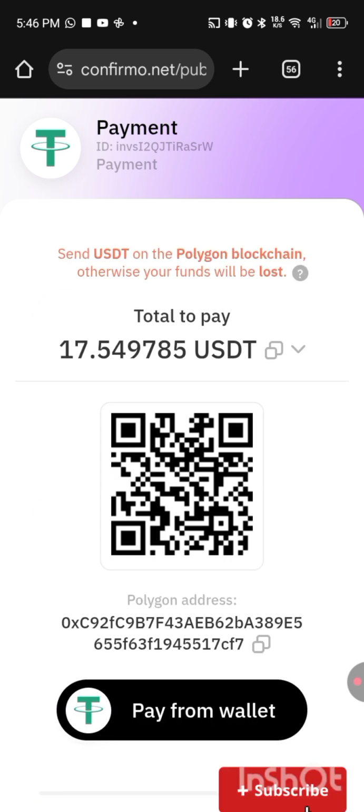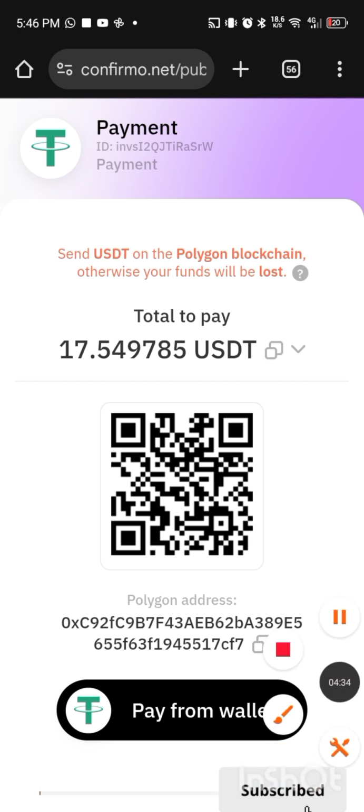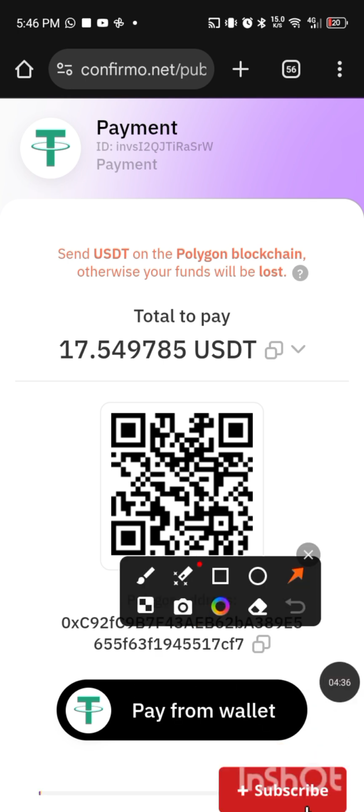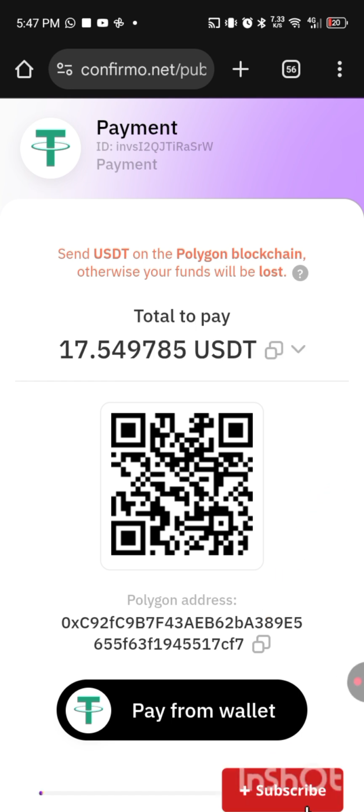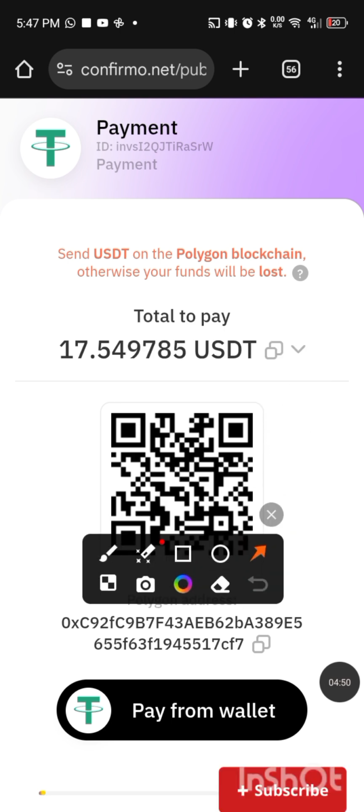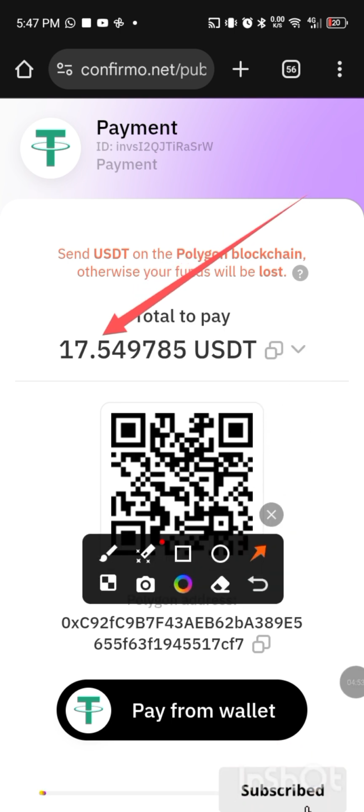Now it has brought out my wallet address. What next? I'll quickly tap on this wallet address. Then I'll go to my exchange where I have my money to pay the equivalent of this money. This is the equivalent of how much I'm going to pay: 17.549784.